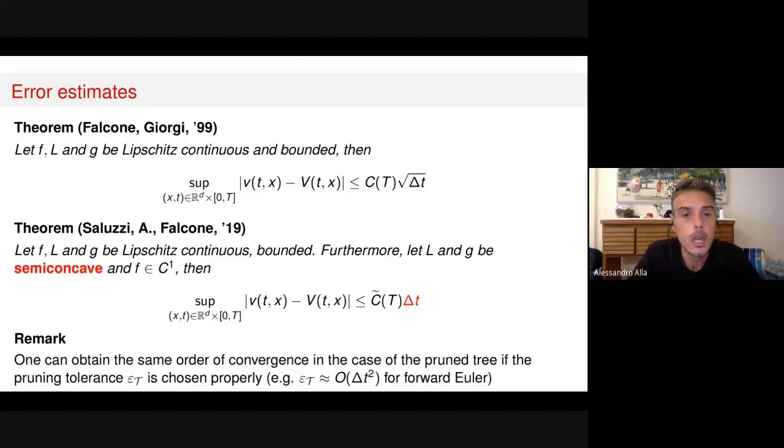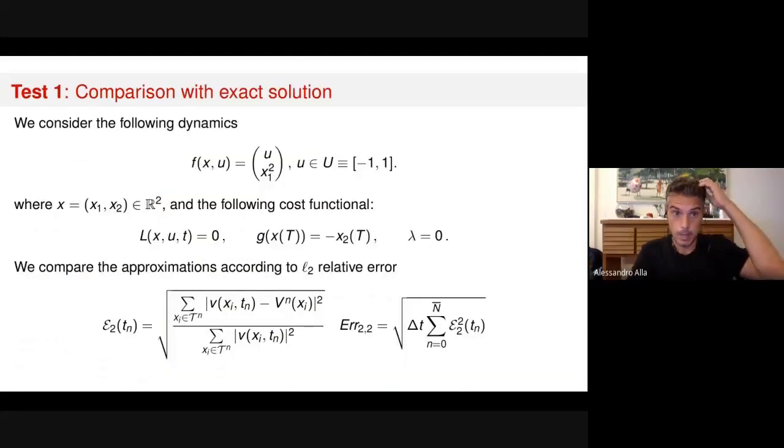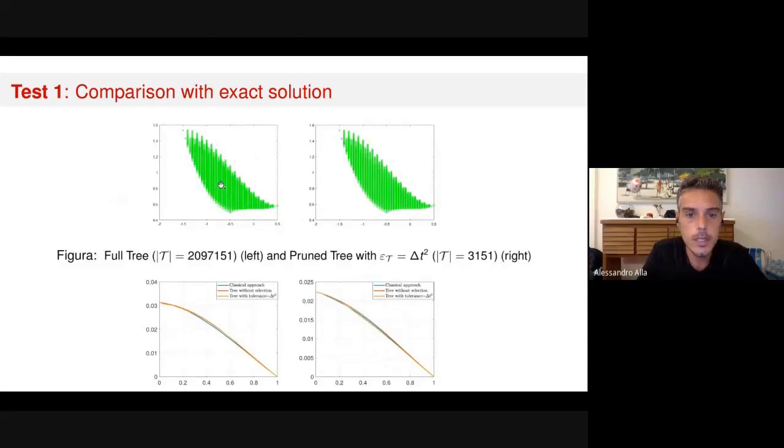Okay, so let's see some numerical results. This is a two-dimensional problem where we actually know the exact solution, and by exact solution, I mean that we know the value function. There are some parameters that we are using. And so this is the tree. On the left, there is a plot of the tree.